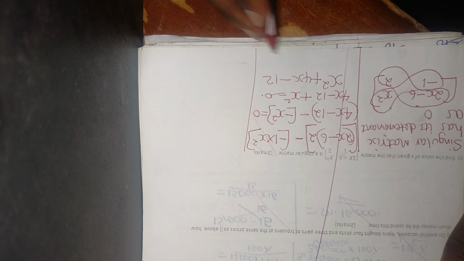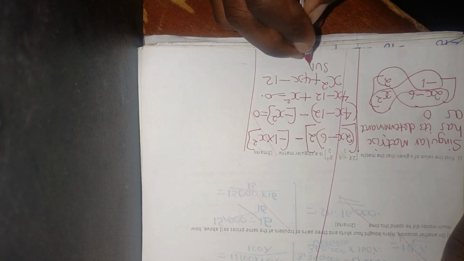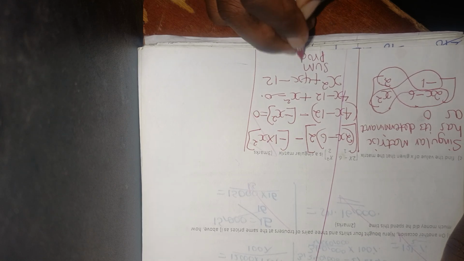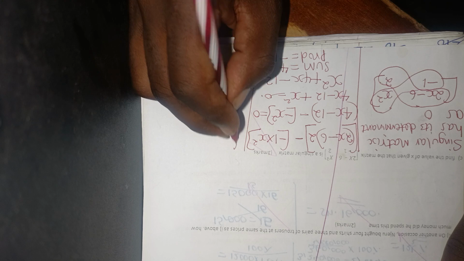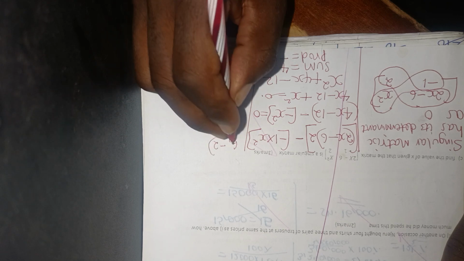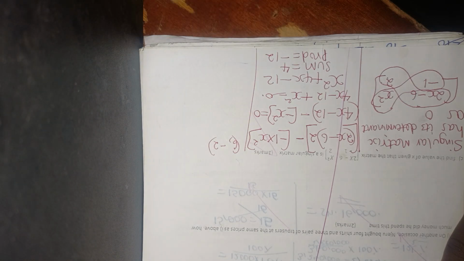What then do we do? We shall use the factorization method. We have to get the sum and product from this quadratic equation. The sum is 4 and the product is negative 12. Two numbers that multiply to give negative 12 and add to give 4 are 6 and negative 2. So 6 times negative 2 is negative 12, and 6 plus negative 2 is 4.